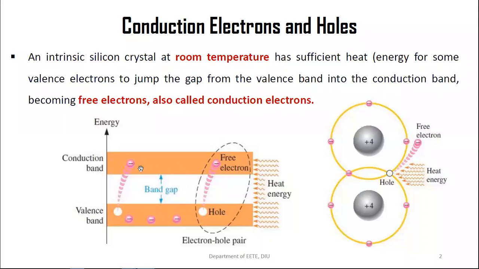When they absorb the heat energy, they jump to the conduction band. So these two electrons are now free electrons, or conduction electrons. By absorbing heat energy it created two free electrons, but it also created holes.